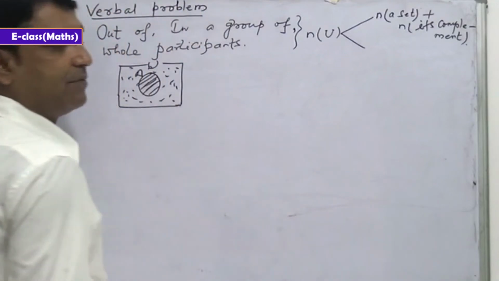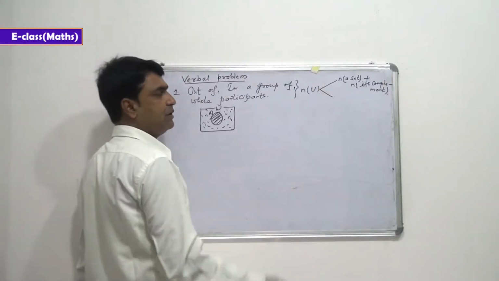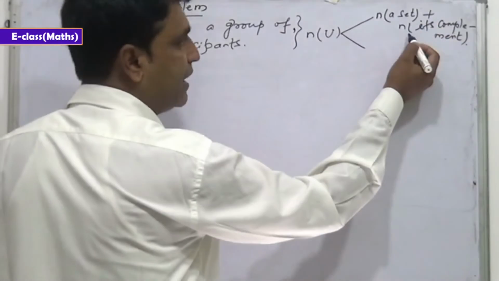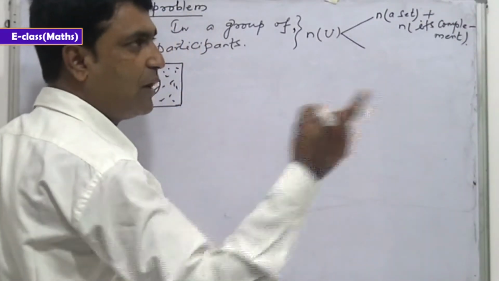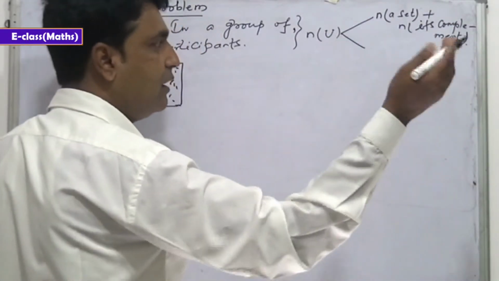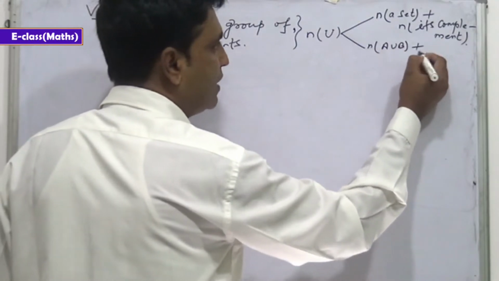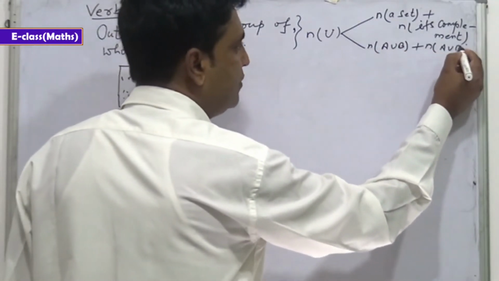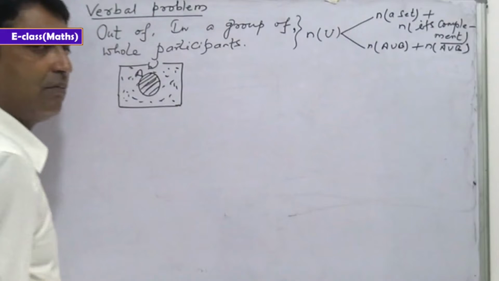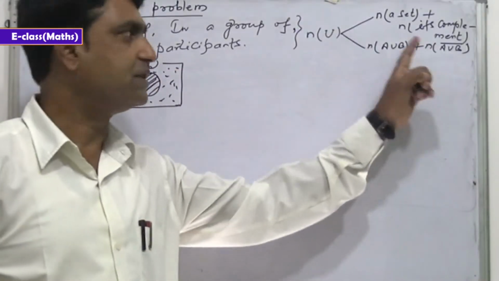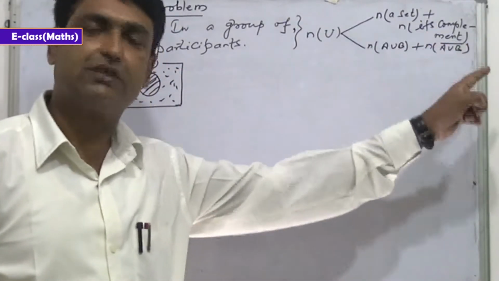That is the concept here. You can write it this way also: N of A plus N of A complement. If you are given there N of U, for example, N of A union B plus N of A union B whole complement. Is it possible? Same thing I have followed here: a set as well as its complement.